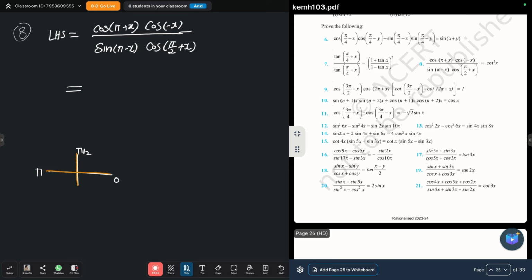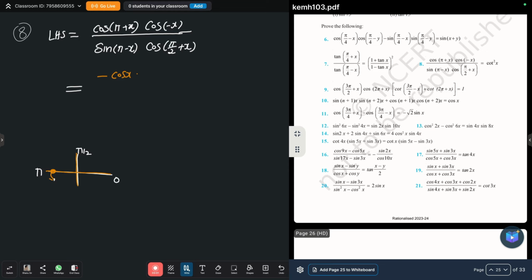Pi is here, so no change in the ratio, cos is cos. And pi plus means anti-clockwise, minus means clockwise. So anti-clockwise means this direction, and you will be in the third quadrant. In the third quadrant, cos is negative. So cos(pi plus x) is minus cos x.